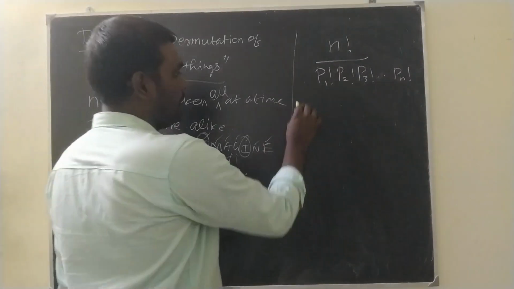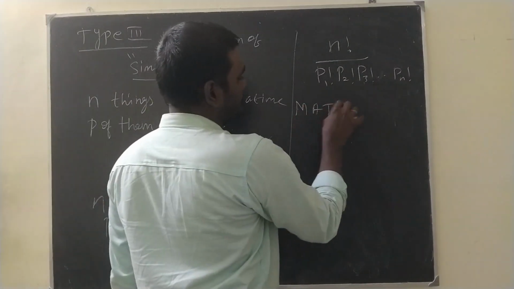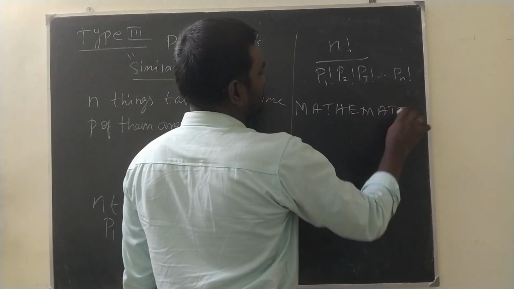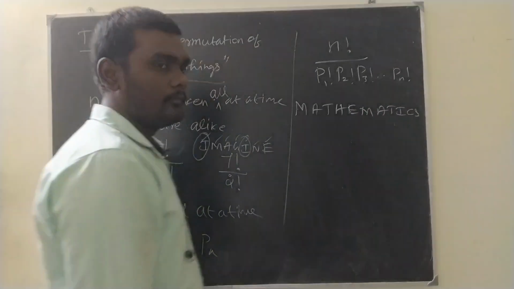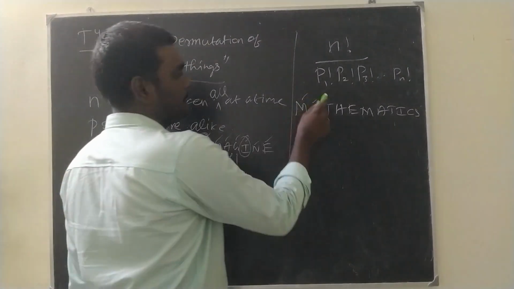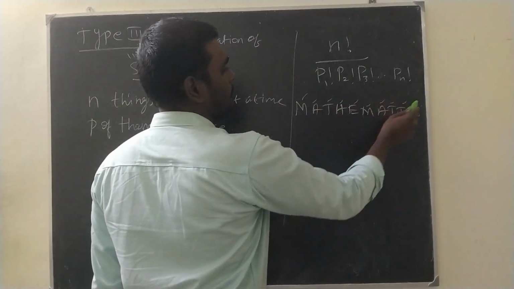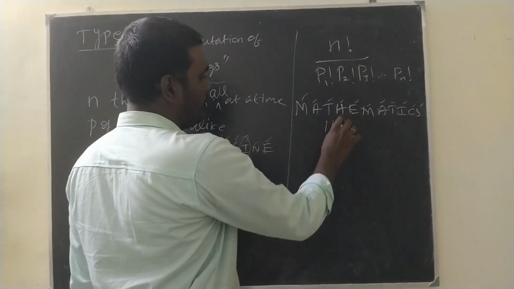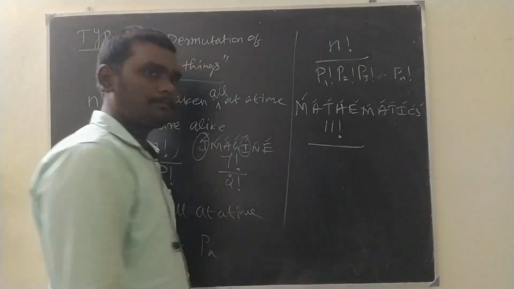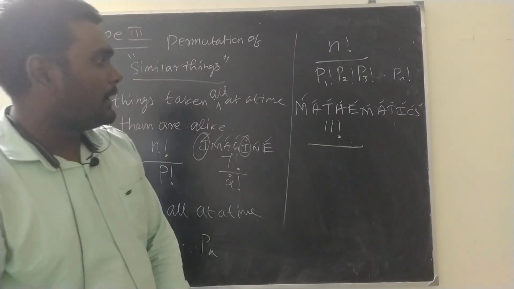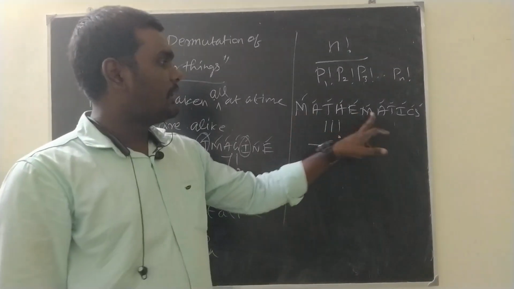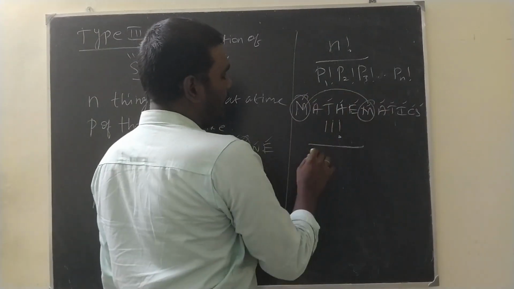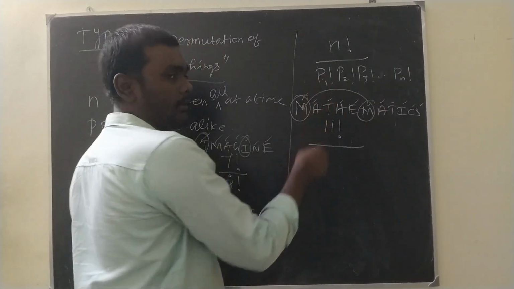For this, we will take the word MATHEMATICS. Totally how many letters? 11. So 11 factorial by, how many letters are repeating? M is repeating 2 times, so 2 factorial.